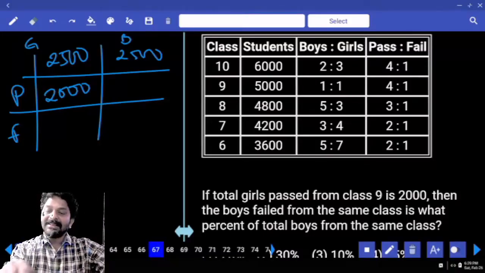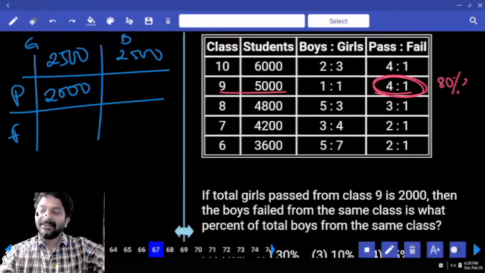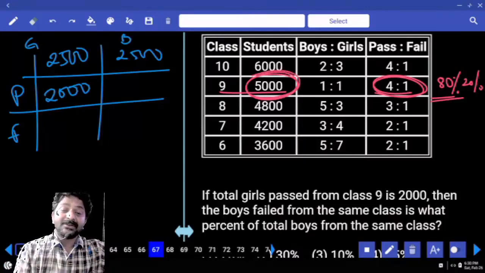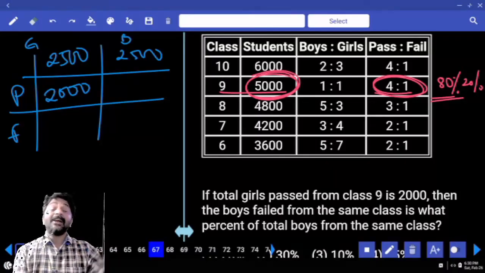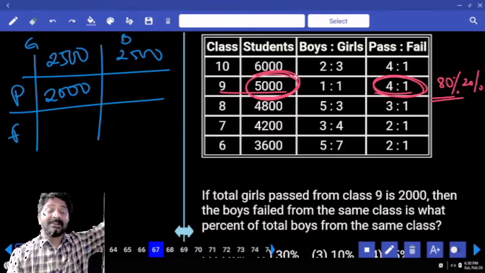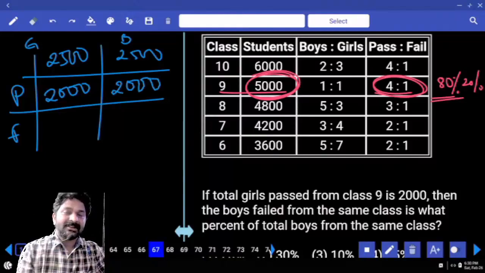Now in 9th class, pass to fail ratio is 80% and 20%, right? Pass candidates are what percentage? 80% of 5,000 only, right? That means how many passed? 4,000, correct? Out of 4,000, 2,000 are girls, then boys are also 2,000 only.